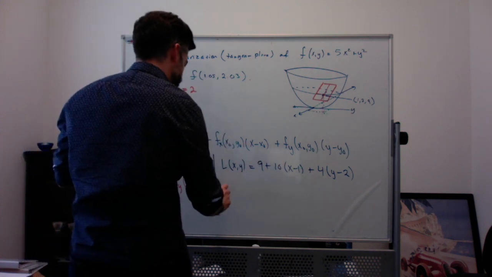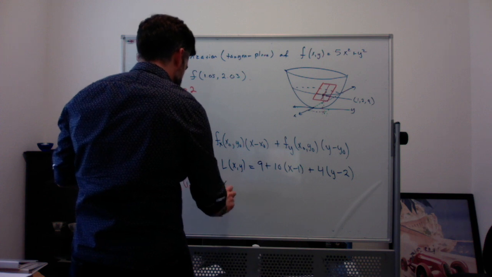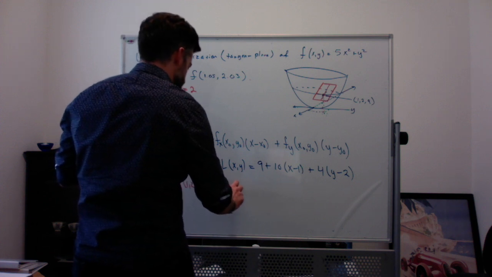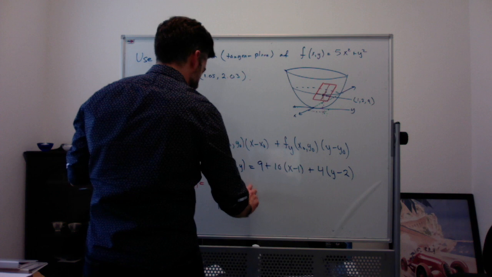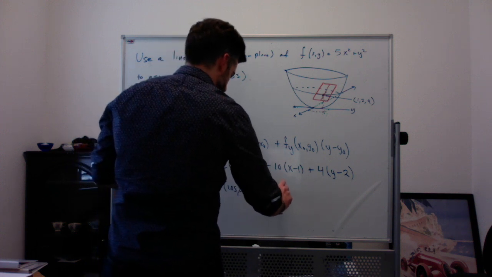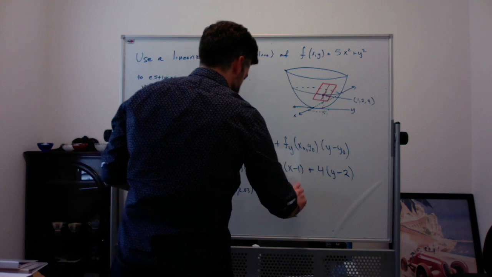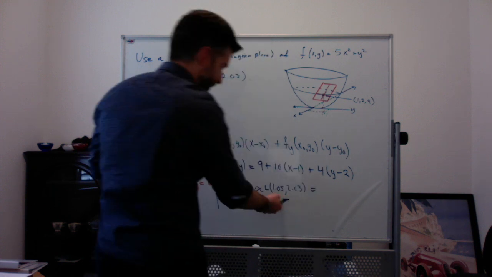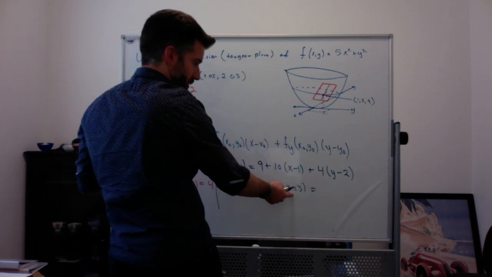Yeah, screensaver. So to approximate f of 1.05, 2.03, we're going to plug it into the linearization. Say it's approximately the linearization of 1.05, 2.03. And then we just plug in x equals 1.05 and y equals 2.03.